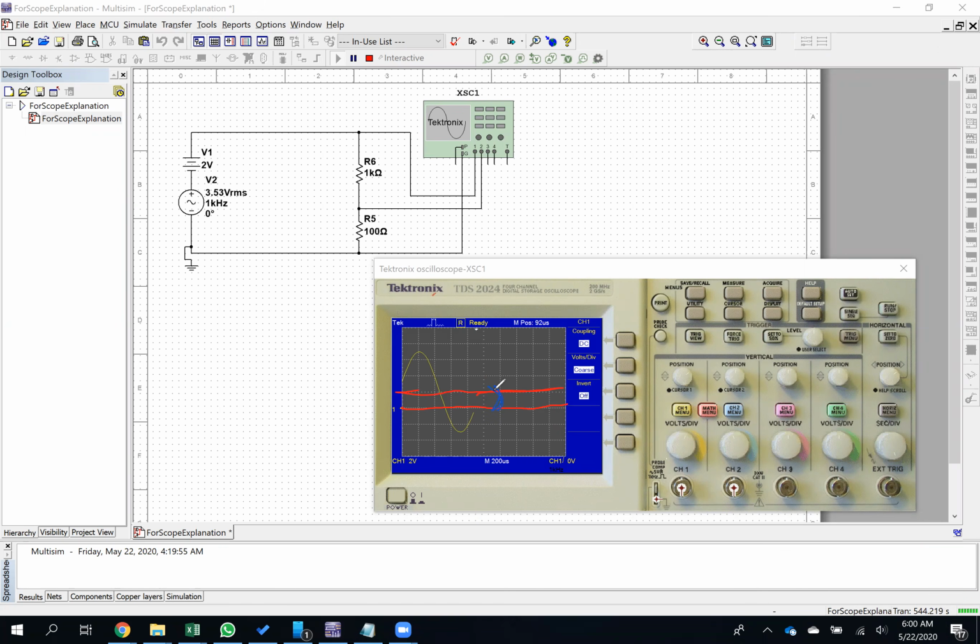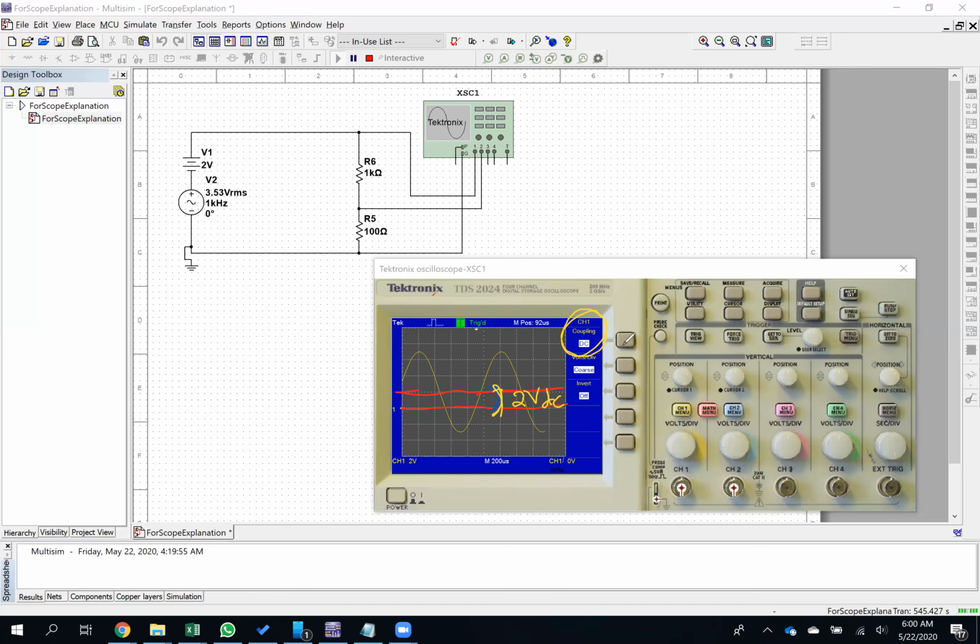This is that 2 volt DC that shifted that waveform up by 2 volts. Okay, so when I'm on DC coupling, I can see if I've got a vertical shift in my waveform. We also call it a DC offset, right? So I can see if I have that.